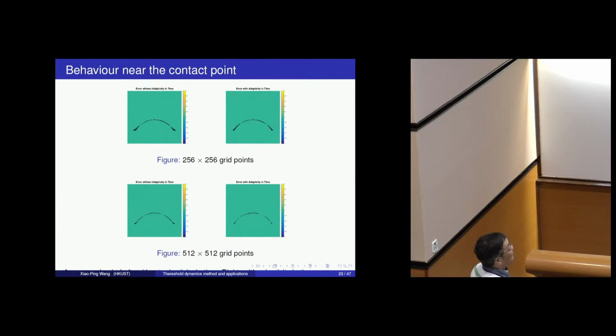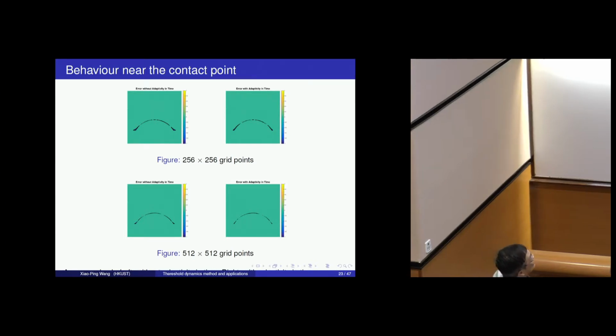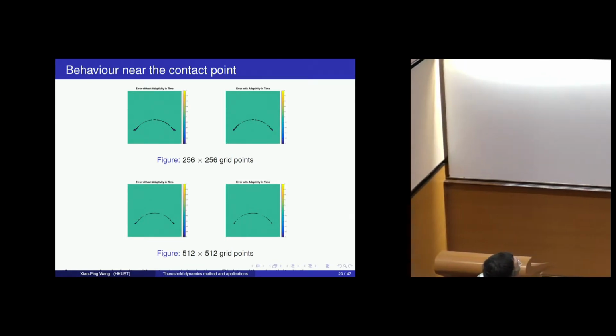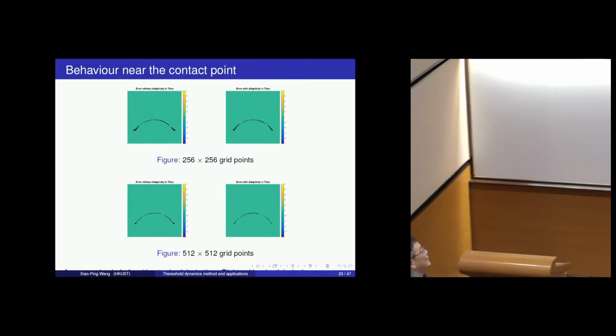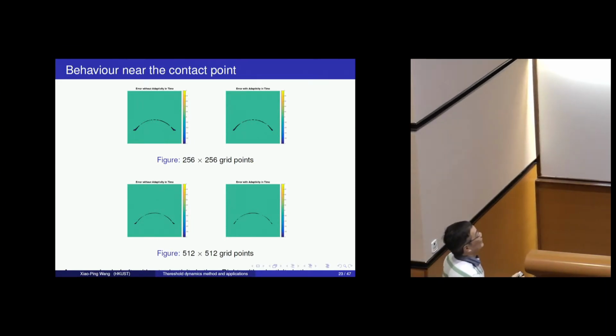You start with some arbitrary curve, in particular, I think it's a 60-degree contact angle case. You can see that it converges to the exact solution, and you can verify the convergence rate is delta t.